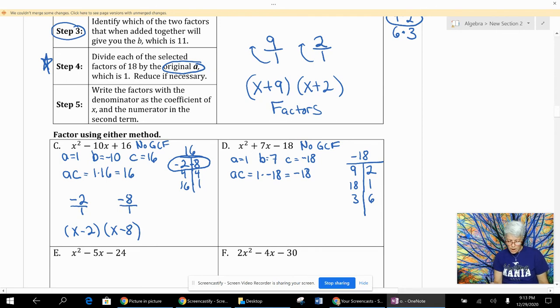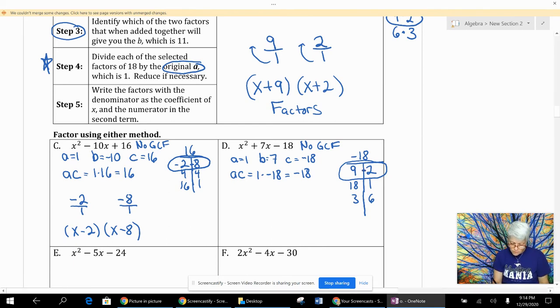All right, I need to find two that when I multiply them together give negative 18, and when I add them together I get a positive 7. I can see it right here. Which one of these needs a negative in front of it to get a positive 7?